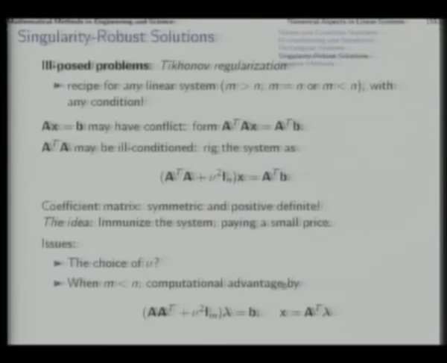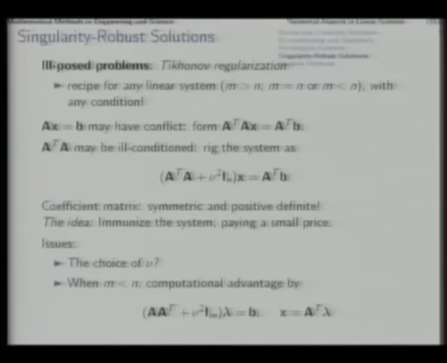So, if m is significantly smaller than n, then this alternative way will give you an advantage computationally, fewer computational operations, and you can show that this calculation will result in the same final result as this calculation. That is a small exercise which I leave for you.